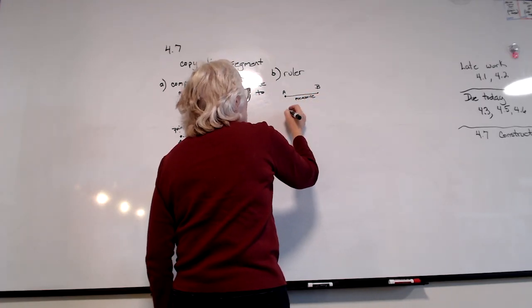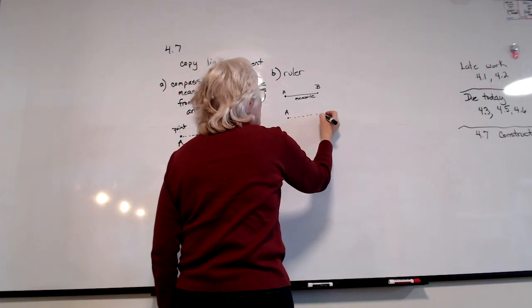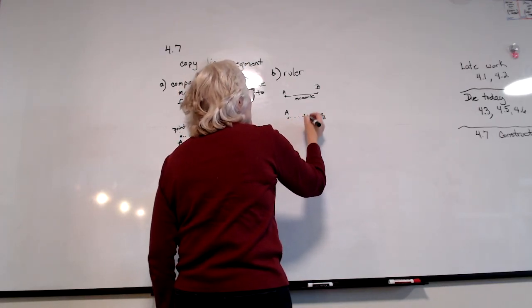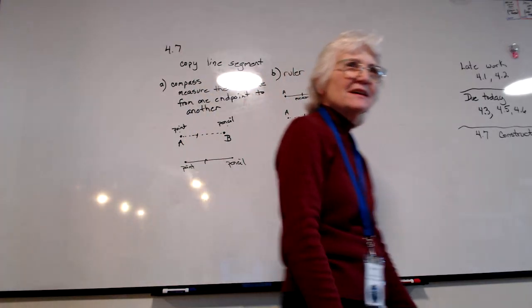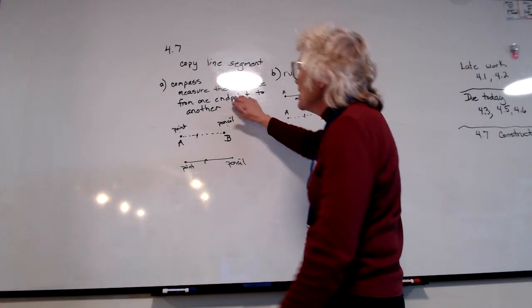We would put A down as a point, and we would measure that same distance to get to B, so that these would be the same. Okay? I think we all know how to copy a line segment with a ruler, hopefully. You measure it, you put the point down, connect it together, so now you have the same. So this is how you do it with the compass.